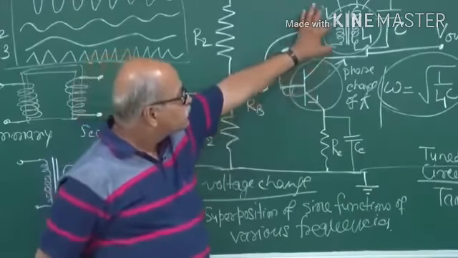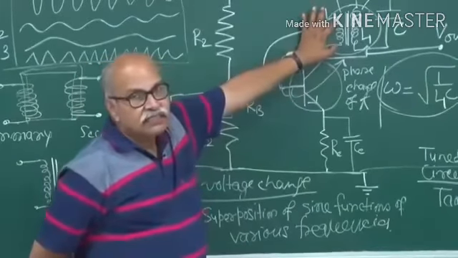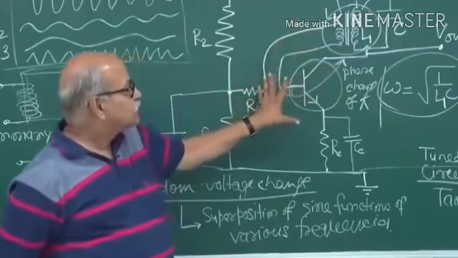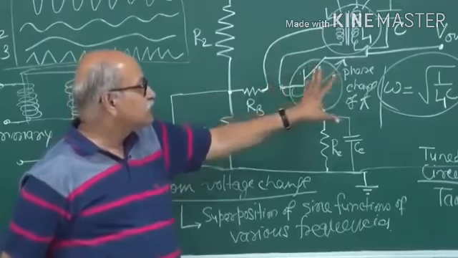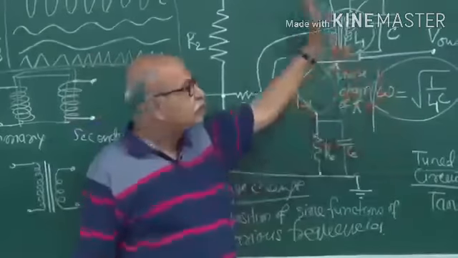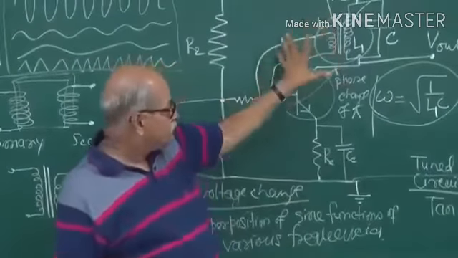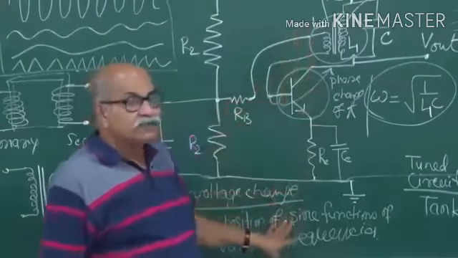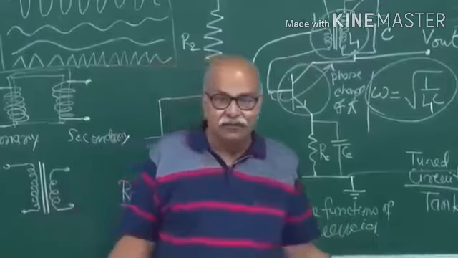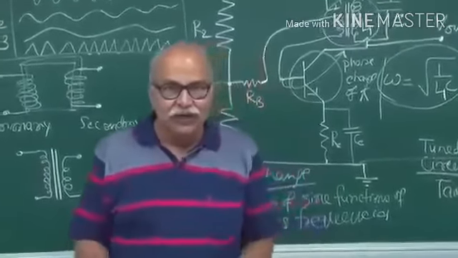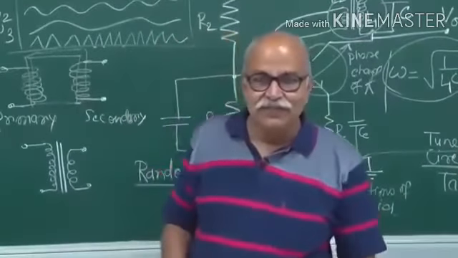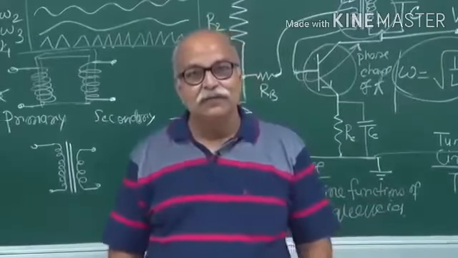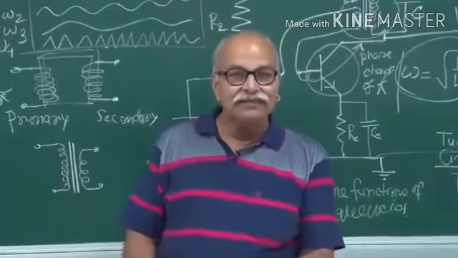So the number of turns has to be chosen judiciously so that a particular amplitude is maintained. This is how an oscillator works, and this is the circuit for the tuned collector oscillator, normally used in transistor radios. It is also called the local radio oscillator.